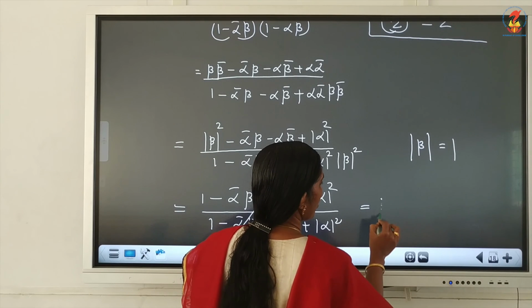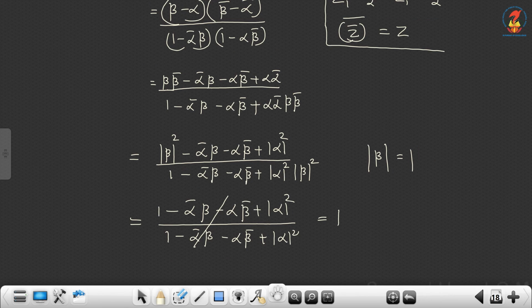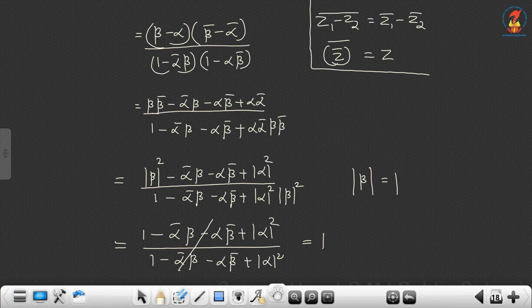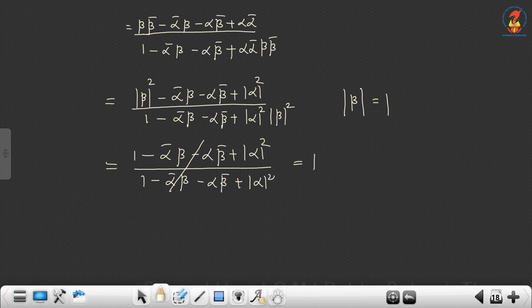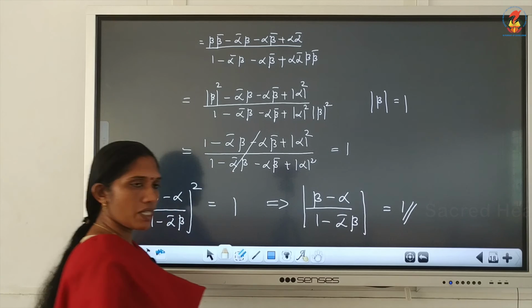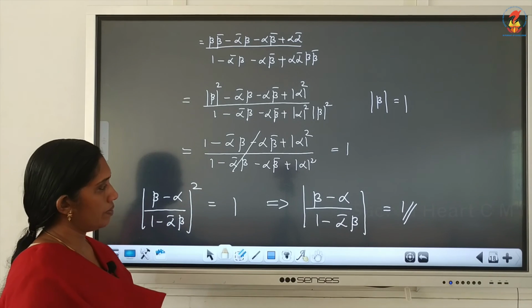What we get is 1. So the left hand side, the modulus of (beta minus alpha) by (1 minus alpha bar beta), its square is 1. So what is its value without the square? This modulus we can take as 1. Modulus is positive, so take the positive value.